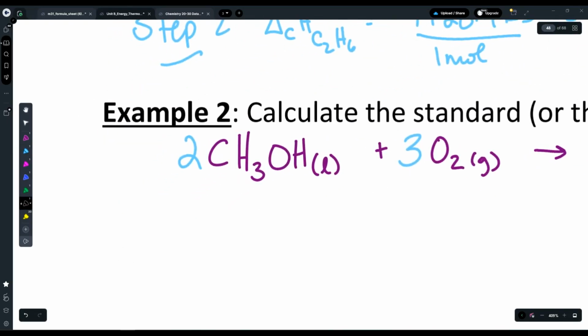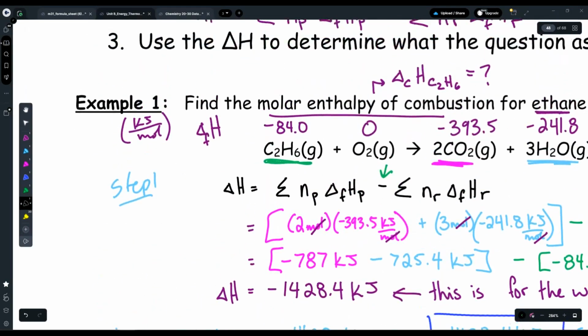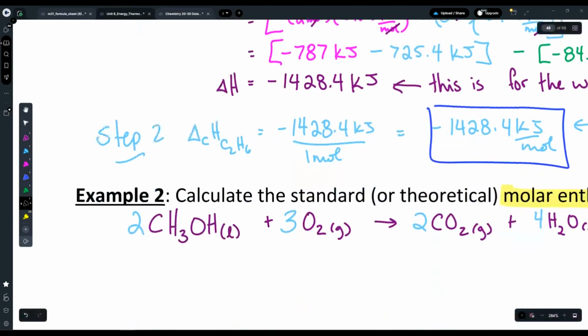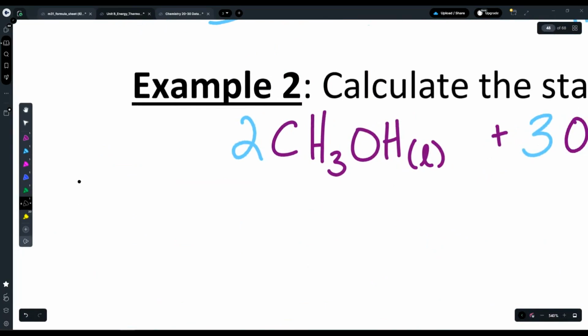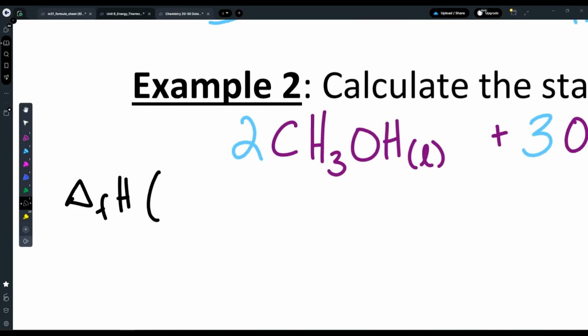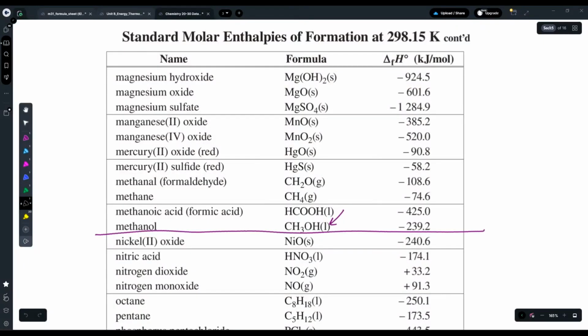Alright, so I'm going to do the same thing that I did before, which is just list my molar enthalpies of formation. These are in kilojoules per mole. Okay, so methanol is negative 239.0. Oh, no, 239.2.